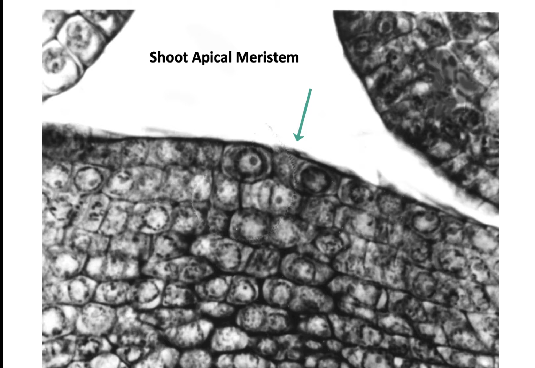And this central part here is called the apical initial zone. And those cells right there actually lead to all the genetic material that forms all parts of the shoot of the plant. So they're really sort of like stem cells of a plant.